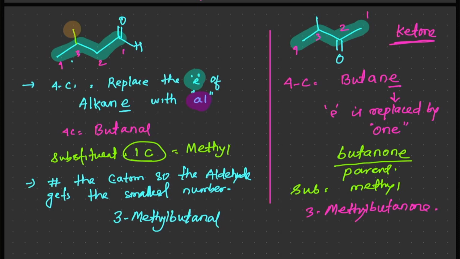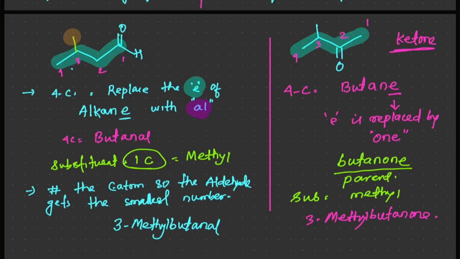But if you have pentanone, so let's say I change this question to something different, because butanone can only be at location 2. So you cannot have 1-butanone or 3-butanone. Okay. So what if now we got 5 carbon atoms? You have to find the longest chain containing the functional group.